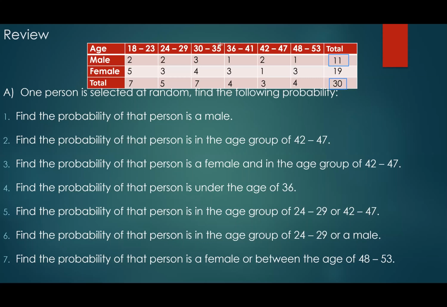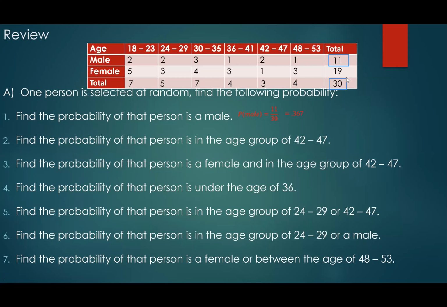So the probability of male is 11 over 30, which, if I divide this, I will get 0.367. It's just simple, because the question is, what is the probability that you select a male, and that is 11 over 30.